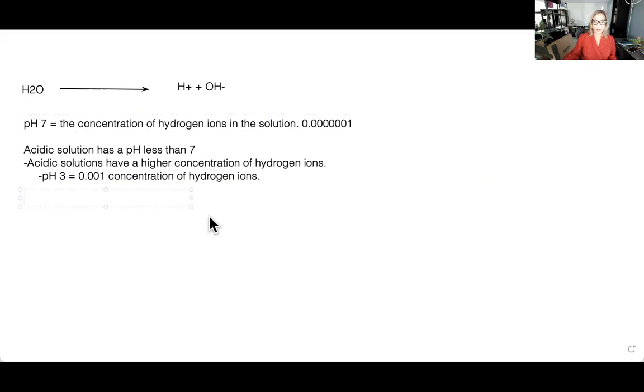You may or may not have heard of the acid hydrochloric acid. This is present in our stomach. It's what makes it so acidic. Hydrochloric acid breaks up into hydrogen ions and chloride ions.